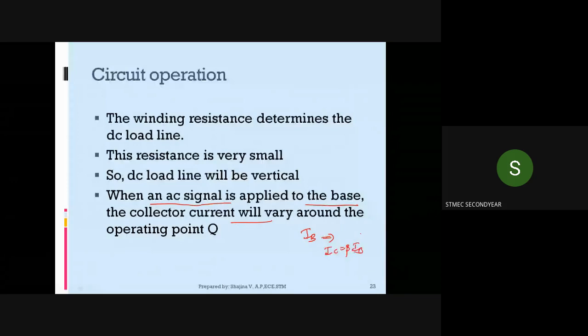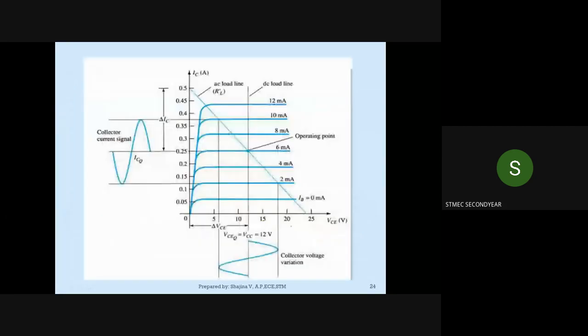So according to the changes in base current, the collector current varies around the operating point. That is, the operating point will move up or down depending upon our input signal. When an input signal is applied, the collector current fluctuates from a maximum value to a minimum value.